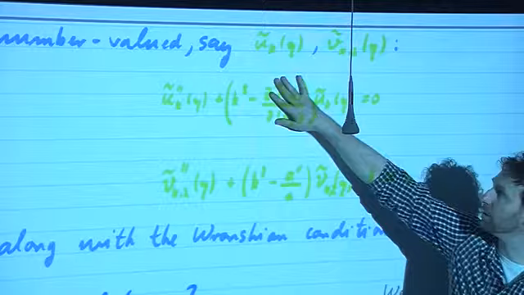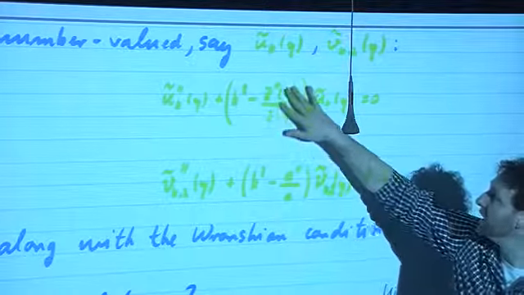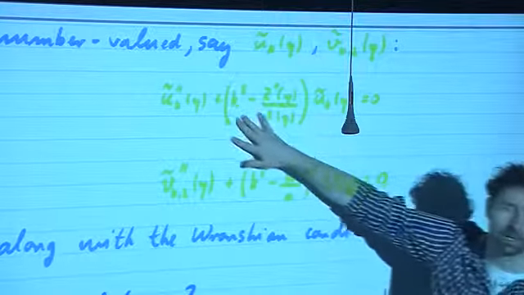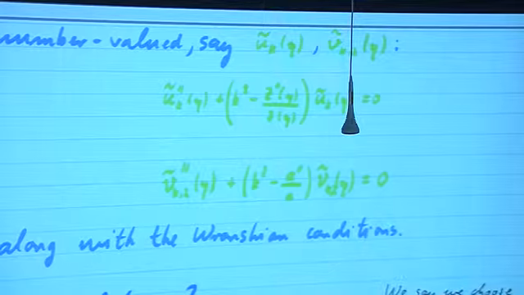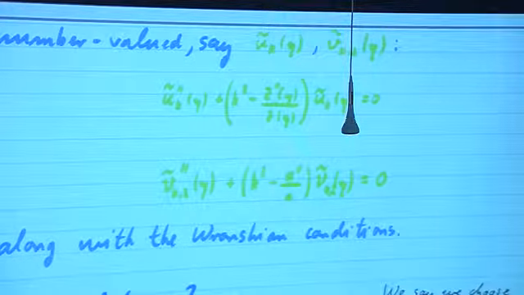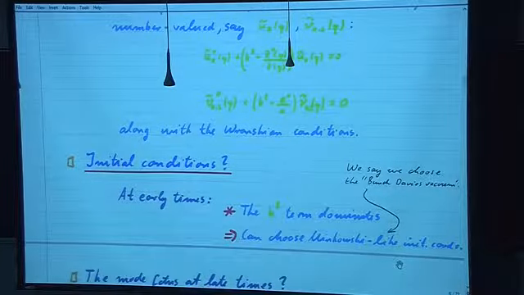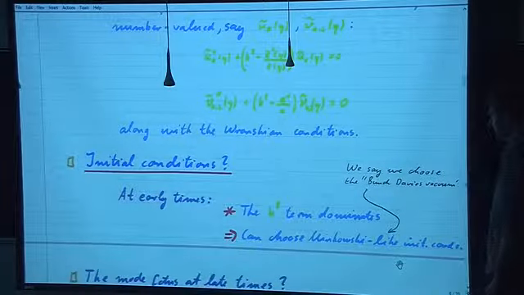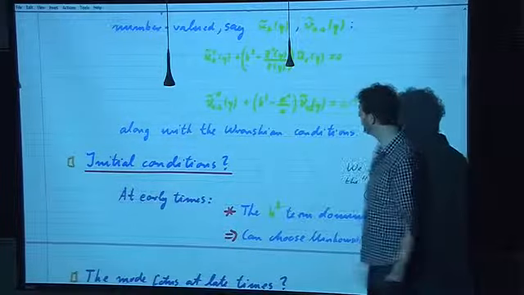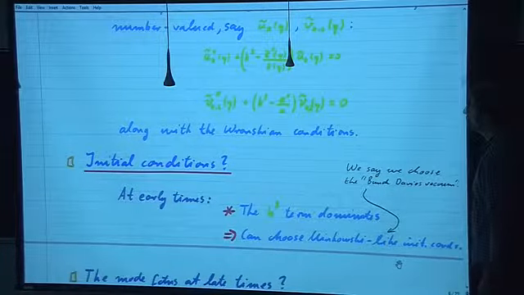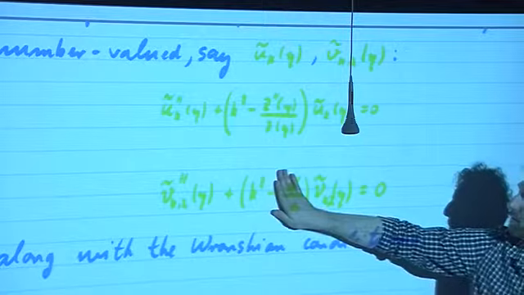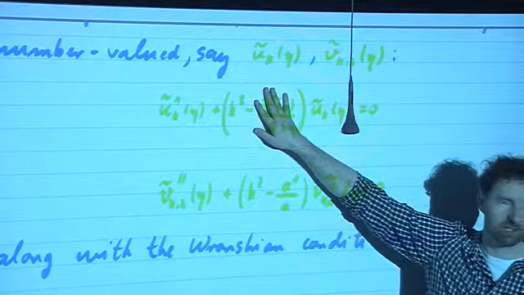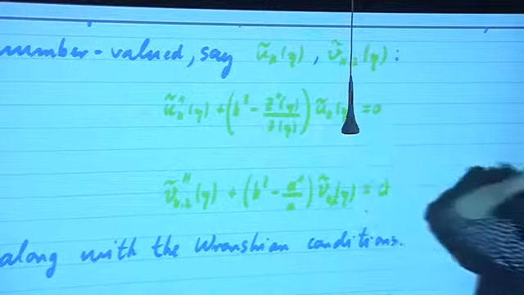Remember, this is after horizon crossing. When this term becomes dominant, then this whole bracket changes sign. So at early times, when the k-squared term is dominant, then we can look at the equation of motion without these, and what we have is just Minkowski space. It's just the Minkowski space equation of motion.